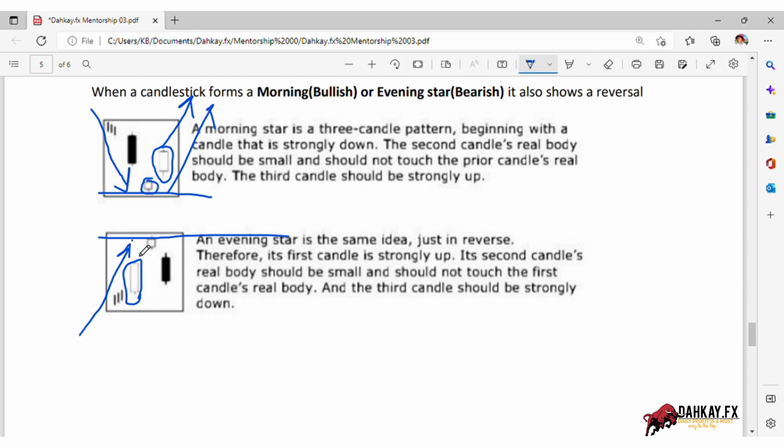Once this evening star forms, just know the market is absolutely preparing to go down or to reverse. And if you see this bearish candlestick after an evening star, just enter your sell, and that's the sign that the market is absolutely going down and reversing.